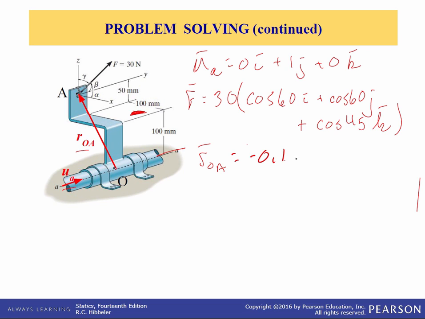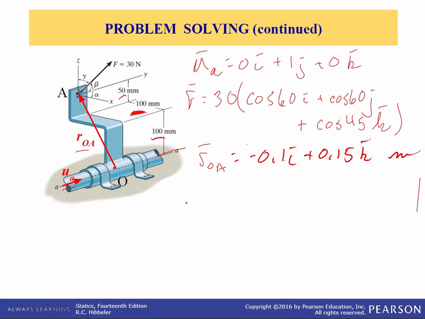I'm going to do this in meters, and that's in the i direction. In the j direction, we don't have to go anywhere in the y axis, so that's 0. And in the z direction, looks like we need to go up 100 plus 50, or 0.15 meters, so plus 0.15k. Okay. And that's in meters.